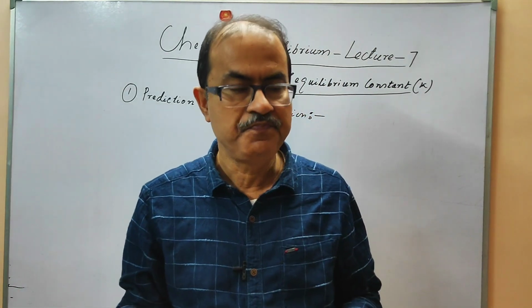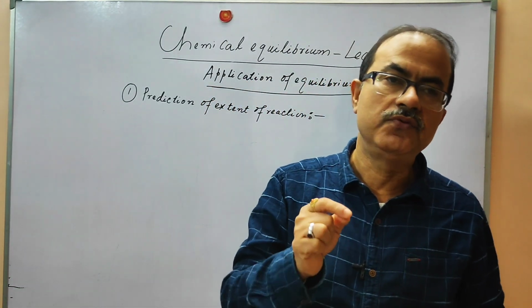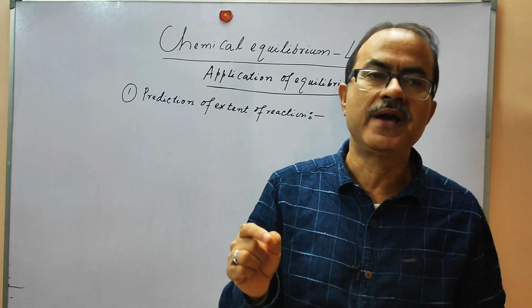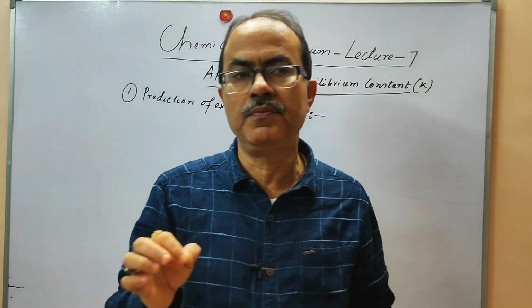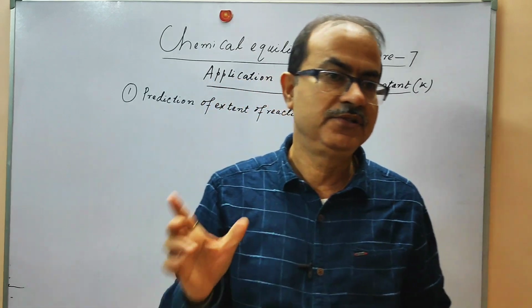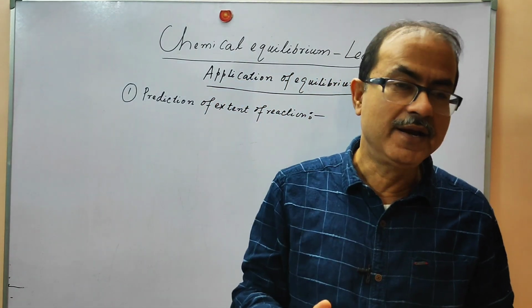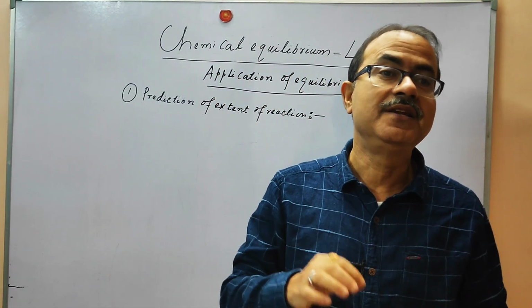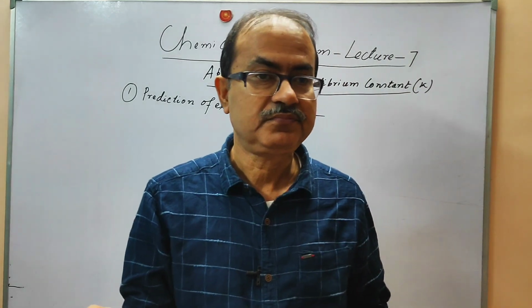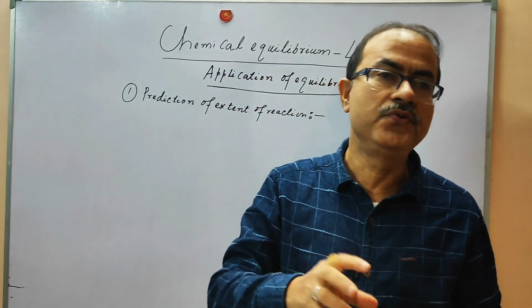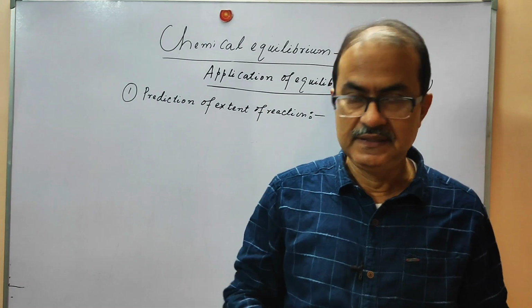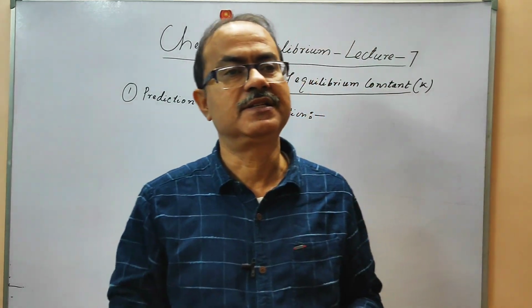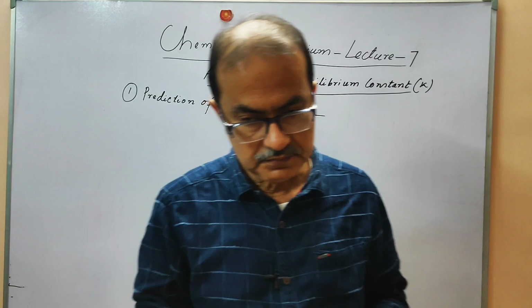Second category, at equilibrium there will be an appreciable concentration of the reactant and product. Third category, the reaction hardly proceeds, meaning very few reactants have been converted into the product. Those are the three categories of the extent of the reaction.